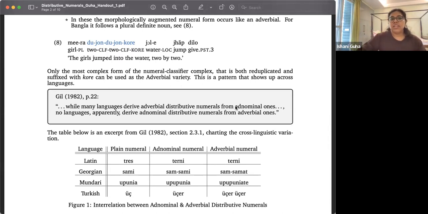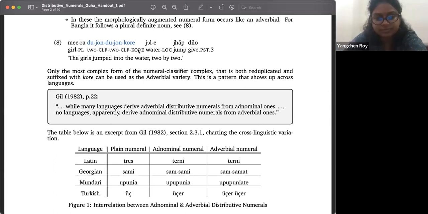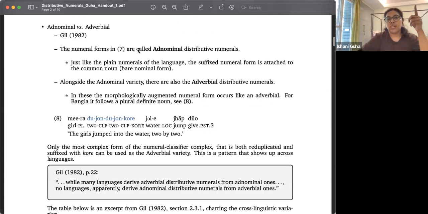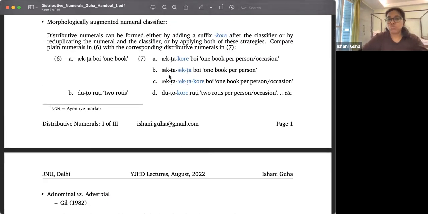But for Bangla, this form dujon kore is also usable as an adnominal variety. So it is both a form for a nominal and an adverbial numeral, right? But the less complex ones are not usable. So just suffix kore or just reduplication, these are not usable as adverbial ones.